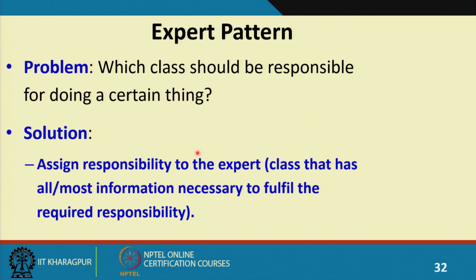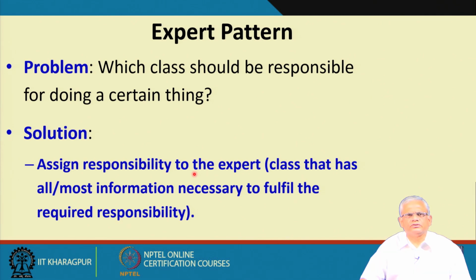The main idea of this pattern, or the main solution offered by this pattern, is to assign responsibility to the information expert, that is, to do certain things, we need certain information to be able to do that. This pattern says to check the different classes and find the class which has the maximum set of information needed to carry out this responsibility.